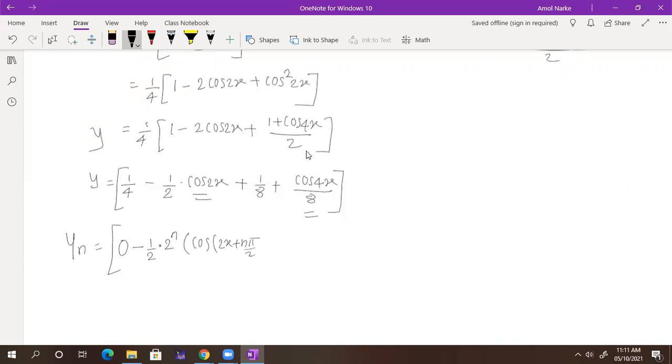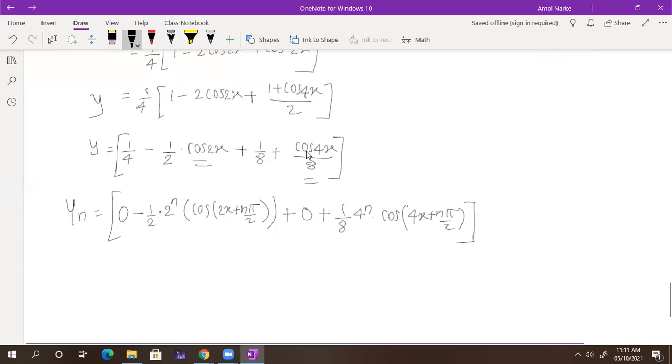Very good. So this we have done for this term, plus again derivative of here 0, here 1 by 8, and here 4 raised to the power n cos of 4x plus n pi divided by 2.